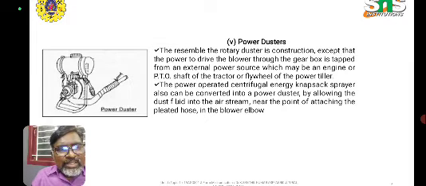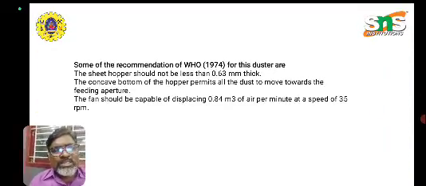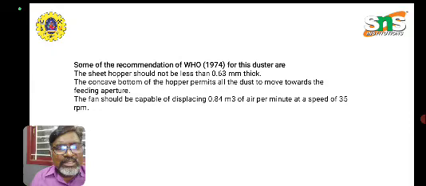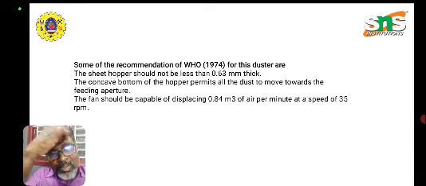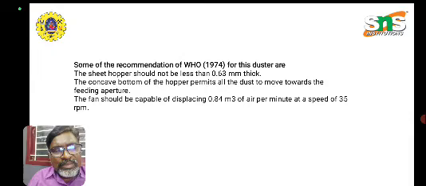This is done by allowing the dust fluid into an air stream near the point of attaching the delivery hose in a bellow elbow. Some of the recommendations of the World Health Organization in the year 1974 for these dusters are: the sheet hopper should not be less than 0.63 mm thick, and the concave bottom of the hopper permits all the dust to move towards the feeding aperture.